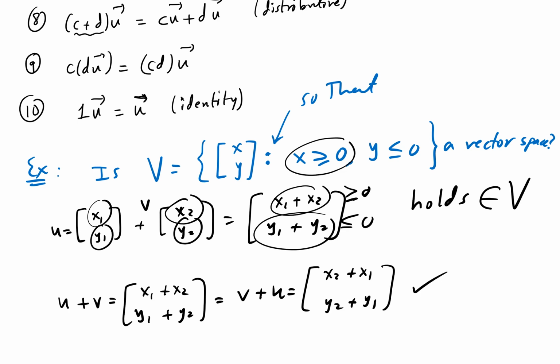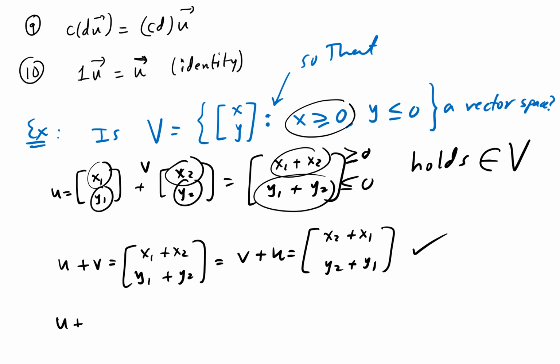So it works. You can check the associativity: u plus v plus w is the same as u plus v plus w grouped differently. This will work out. On the actual paper, you should show the steps that it works, even if you think it's really tedious, it's still worth showing the steps.